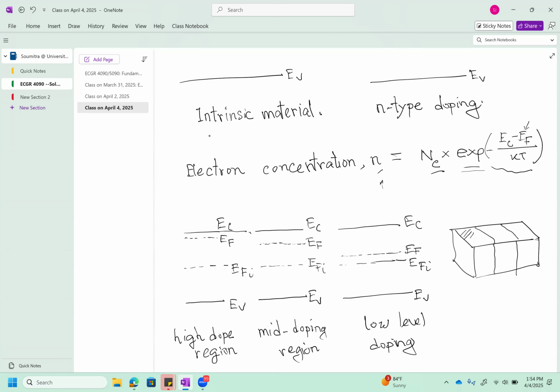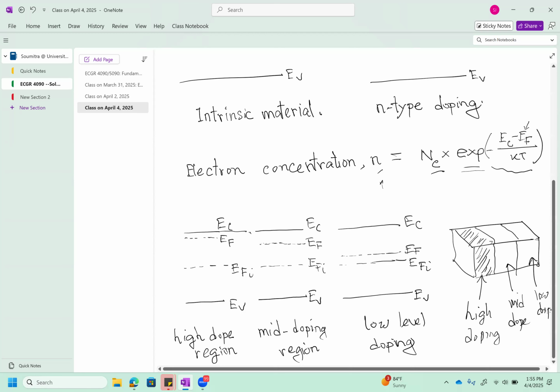We have doped this part very heavily. Okay, this is high doping. And then this other part is mid doping. And the last part is low doping. Okay, so three different kinds of doping.